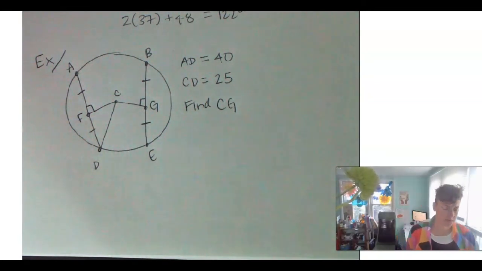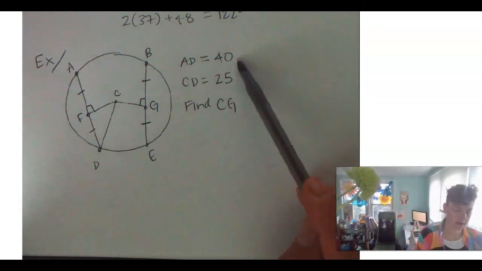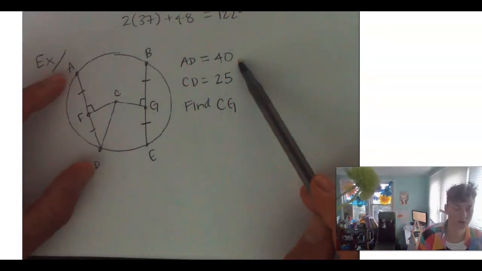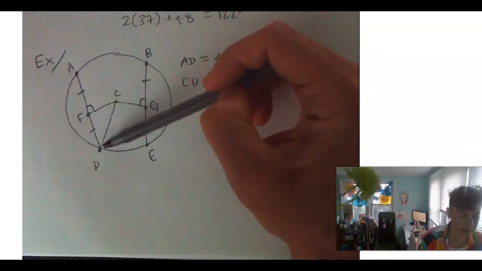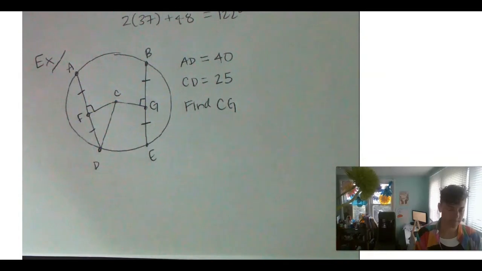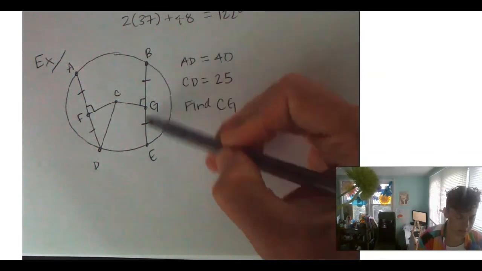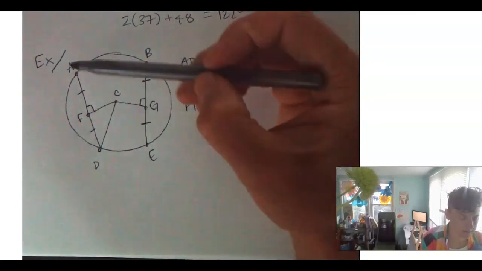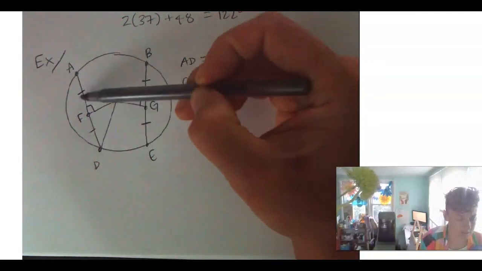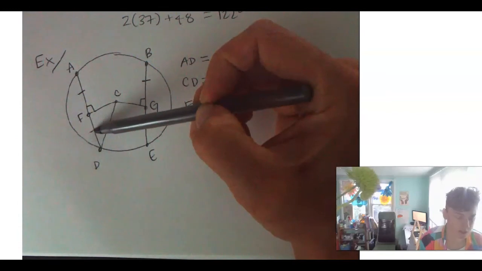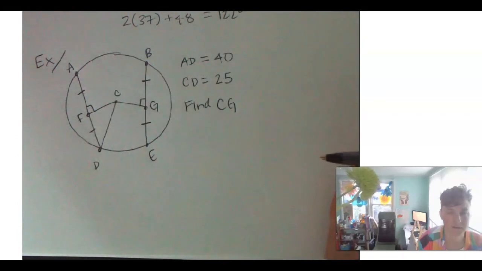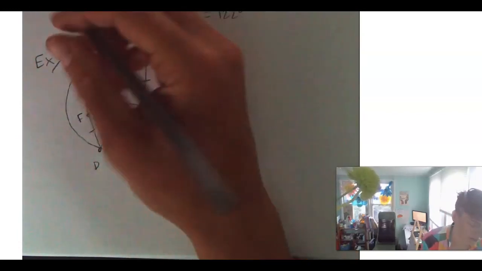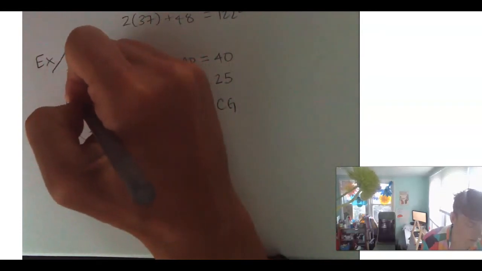Okay, we're given some stuff, of course. It says AD is 40. So from A to D is 40. That's going to be the same thing over here. Right. Well, if AD is 40, and each of these chunks are equal to each other because they have those congruent marks, that means all of these guys are 20.